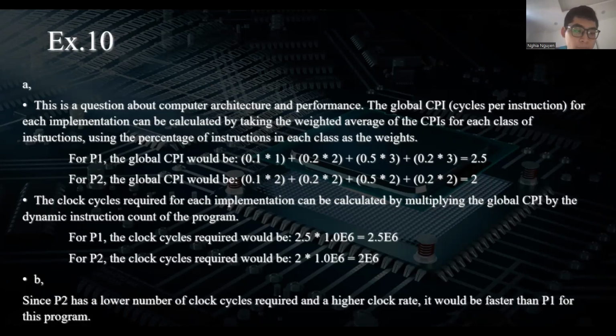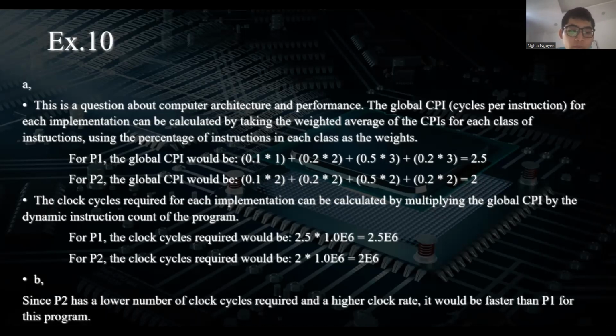For P1, the global CPI will be 0.1 multiplied by 1, plus 0.2 multiplied by 2, plus 0.5 multiplied by 3, plus 0.2 multiplied by 3, which equals 2.5.